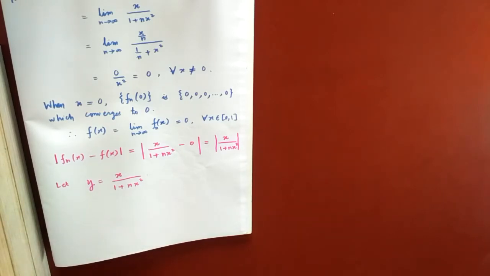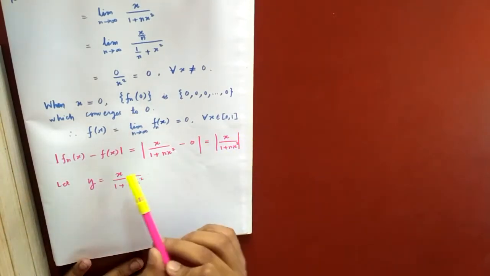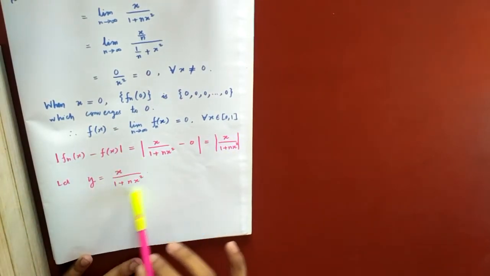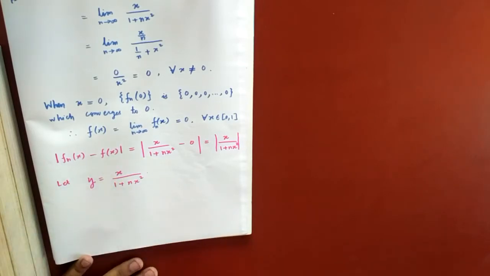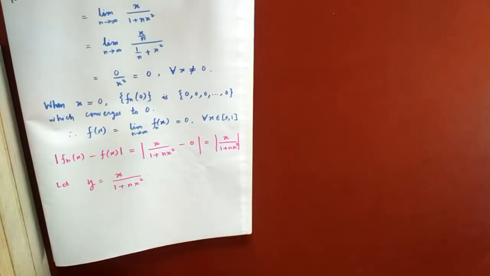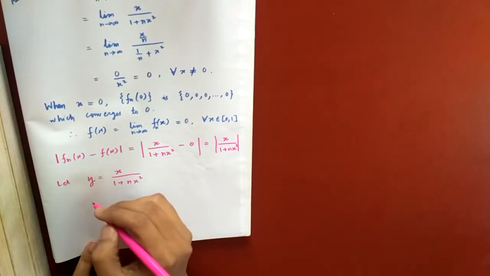In the book, they have used the inequality technique, that is, AM is greater than or equal to GM. But I'll use the maxima minima technique. Now I have to find the maximum value of this quantity, so start differentiating, equate the derivative to 0 and so on. So let's do that.